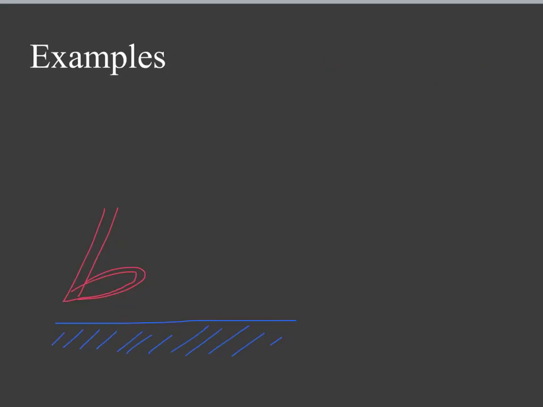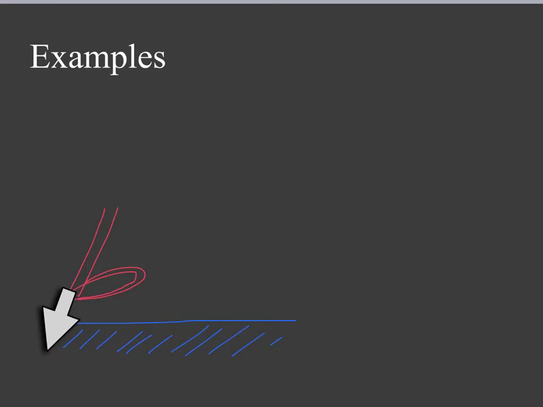Another example, say you're walking, okay? As you walk, in order to move forward, you have to push down onto the floor. And this isn't your force of gravity, because if you're just standing, the force of gravity is pushing. But in order to walk, you have to actually push off the floor to move forward.